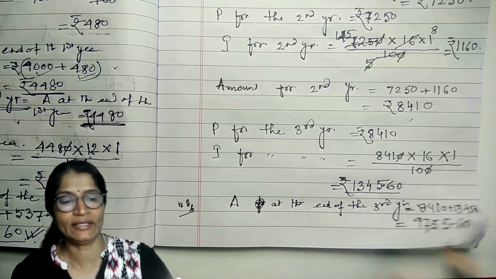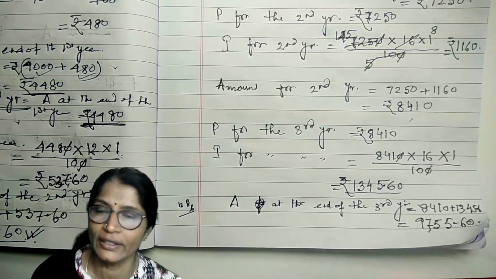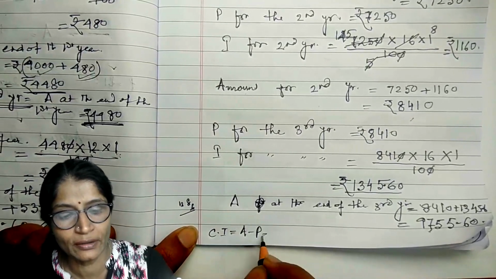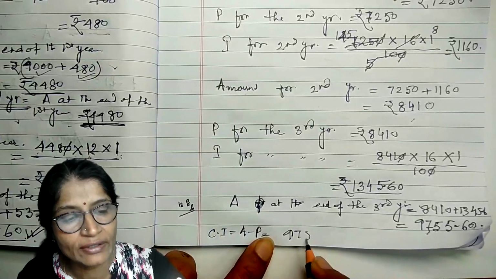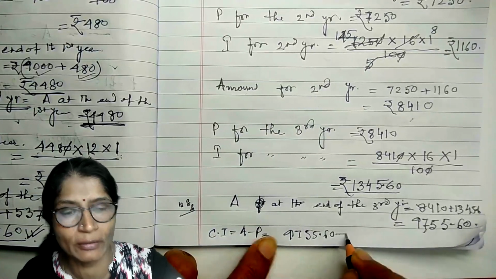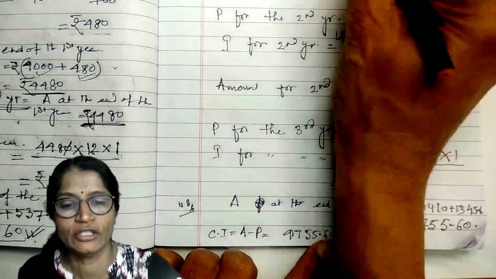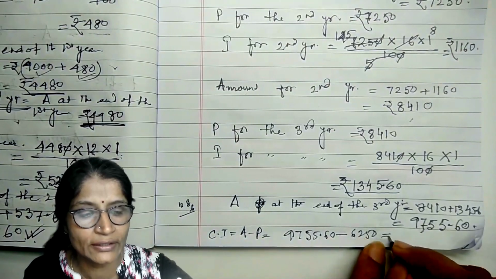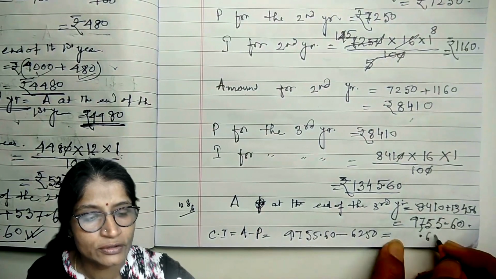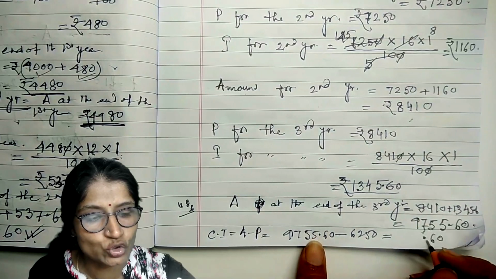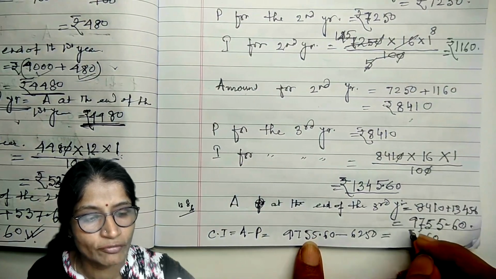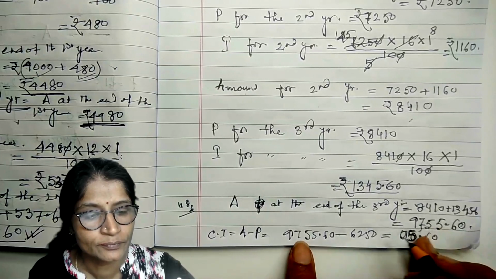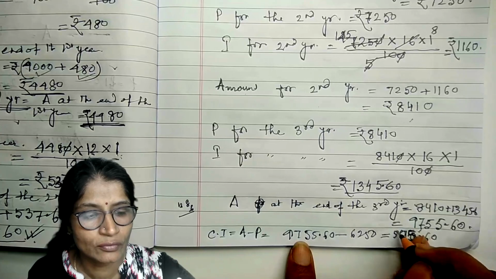Now amount minus the original principal will give you the interest. So CI is equal to A minus P. So it is 9755.60 minus the original principal 6250, which is equal to 3505.60.